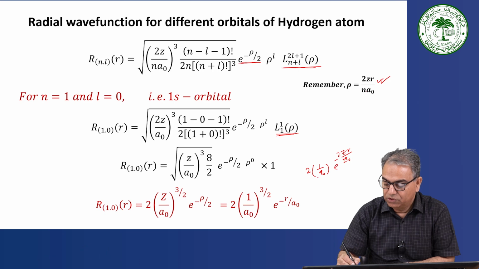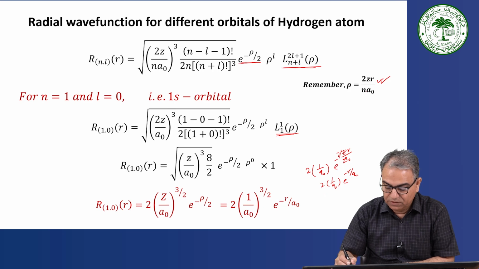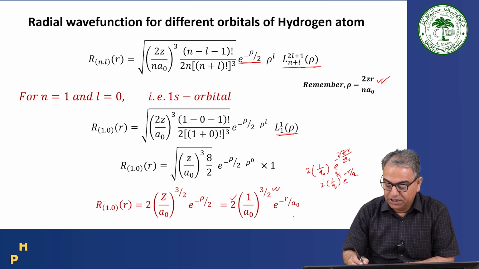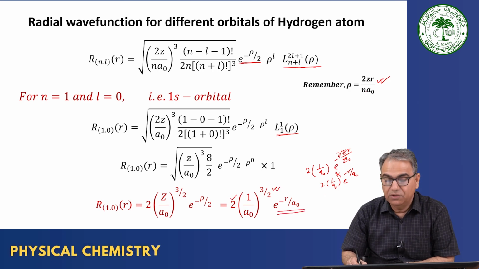So what does it make? It makes 2 into 1 by a0 exponential minus, the 2 will go, Z will become 1, r divided by a0. So your final equation is, as already given here, 2 times 1 over a0 raised to the power 3 by 2, exponential minus r divided by a0.